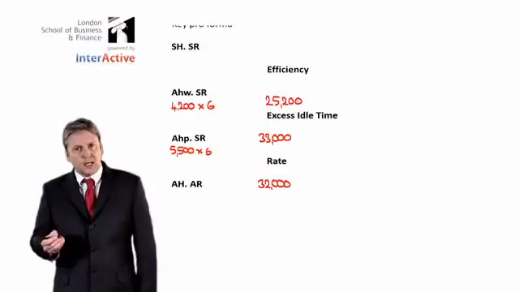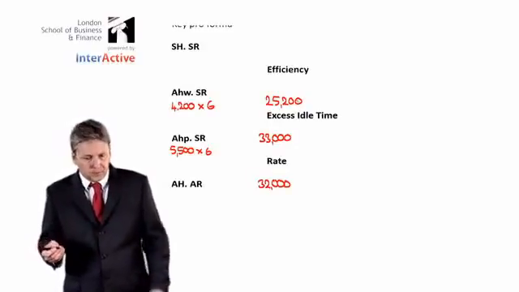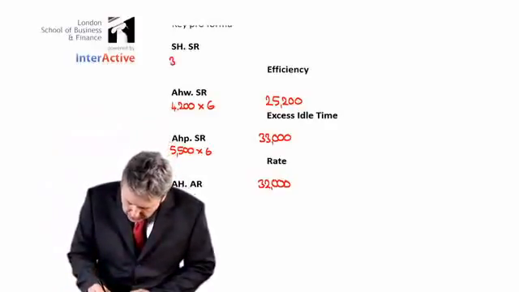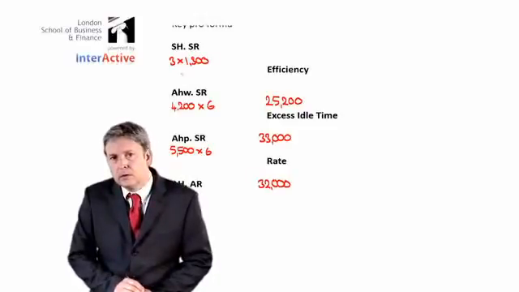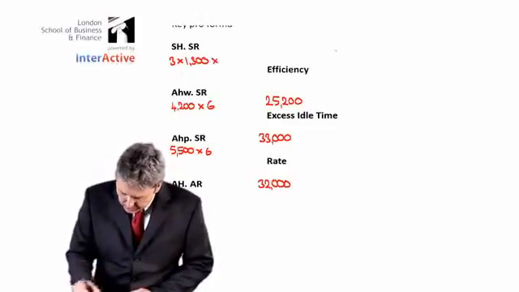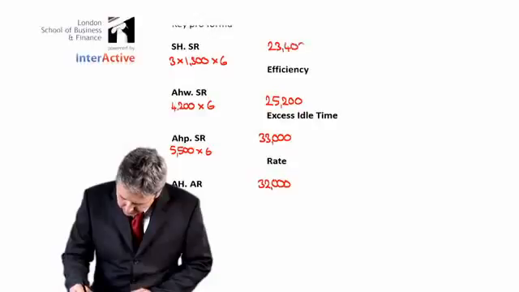If we now look at the standard hours, remember, standard hours relate to the actual output. We said that there were 3 standard hours, and the actual output was 1,300. We multiply by the standard rate of 6, and that gives us 23,400.